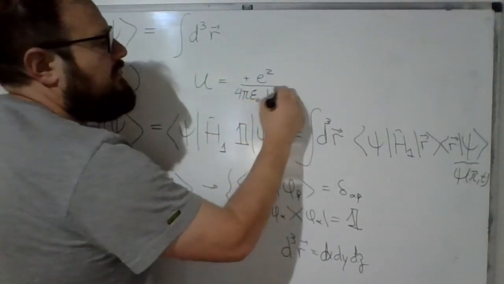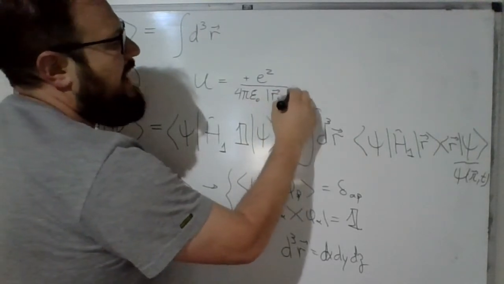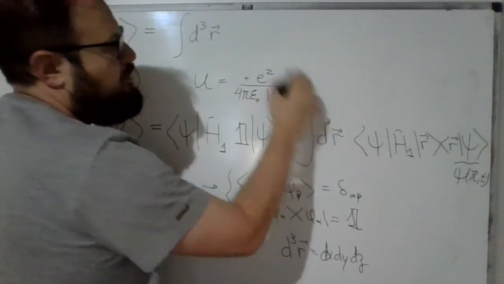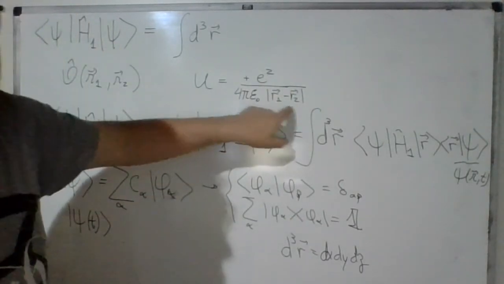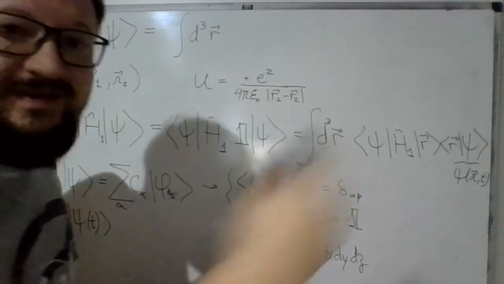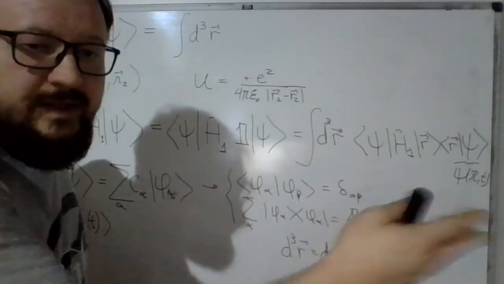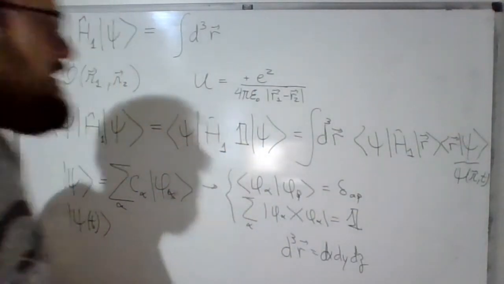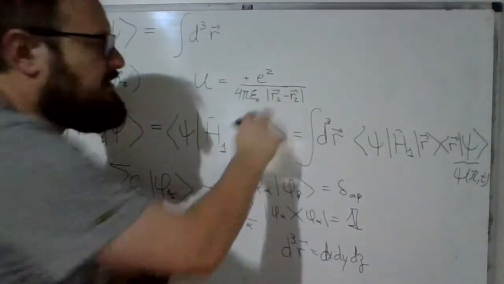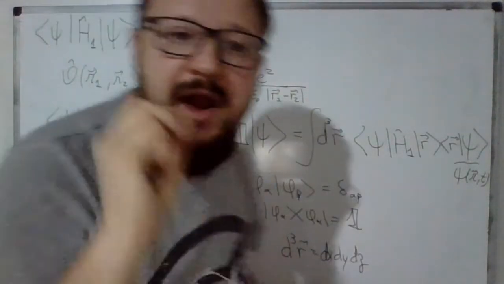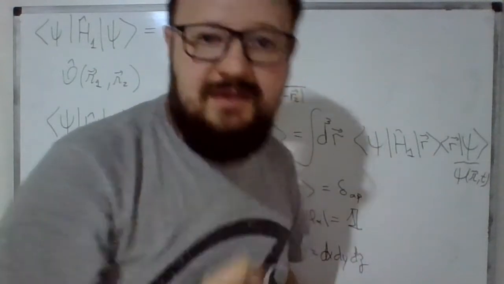And it depends on the distance. So this is the electrostatic energy potential, okay? This would depend on the position of two particles. We will deal with it a little bit later in this lecture. So this is an example. It depends on the position of two particles of the same kind.